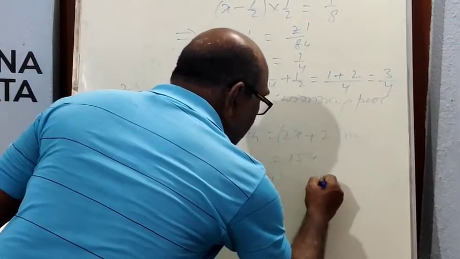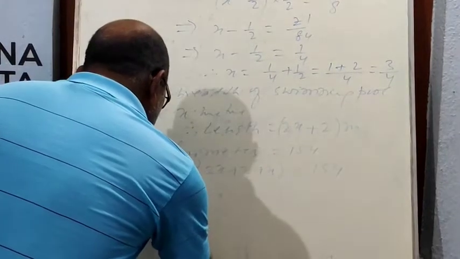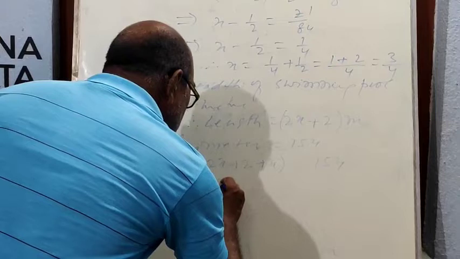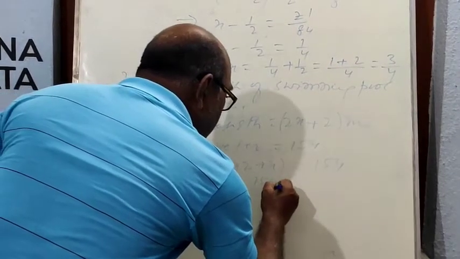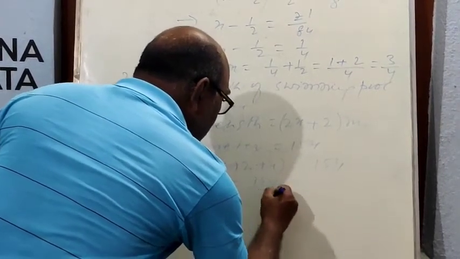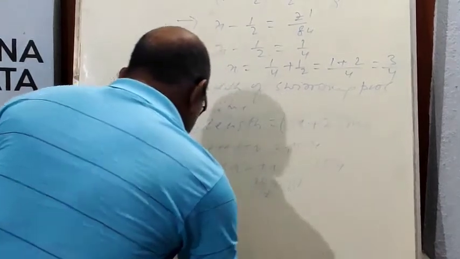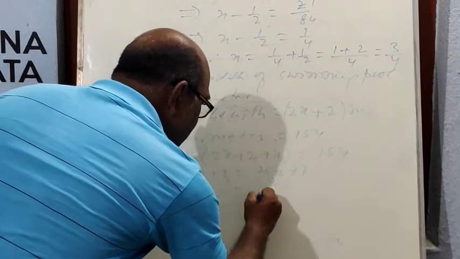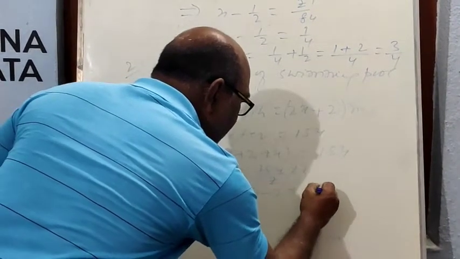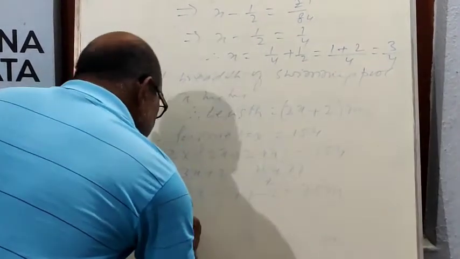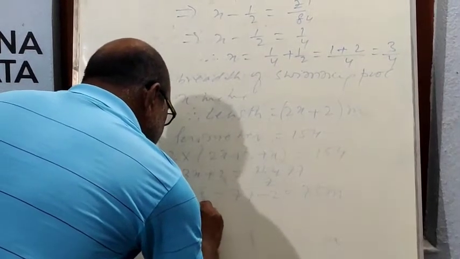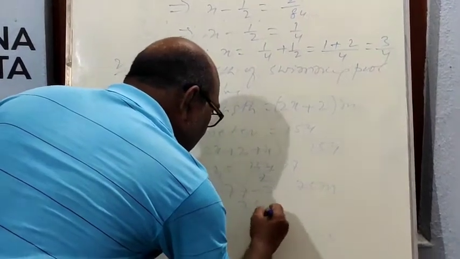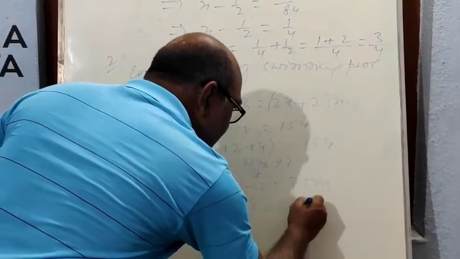This is equal to 154. Now 2x plus x is 3x. 3x plus 2 equal to 154 by 2, 77, and therefore 3x is equal to 77 minus 2, 75 meter, and therefore x is equal to 75 by 3, 25 meter.